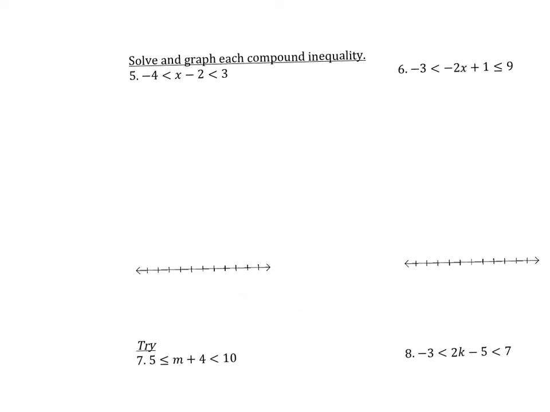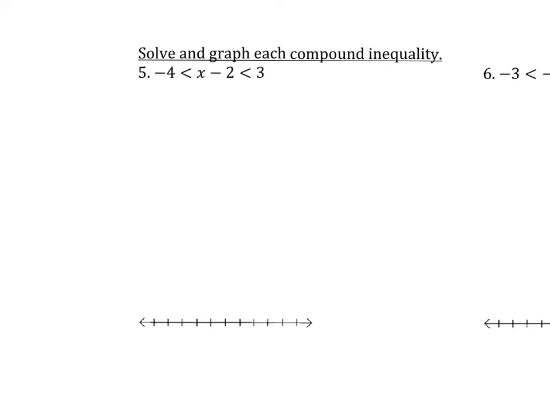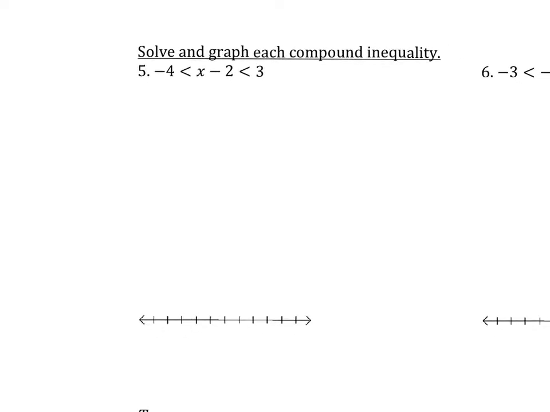Alrighty, let's go ahead and look at this here. So on solving and graphing with and problems, you can see there's no and word in there, okay? So we have to make it that way. When I'm looking at this inequality, I'm saying, okay, this stuff in the middle, this x minus 2, is bigger than -4. It is also smaller than 3.